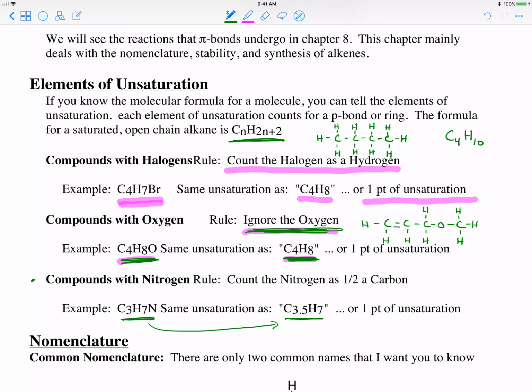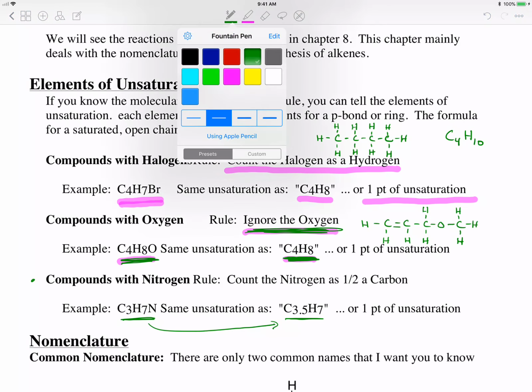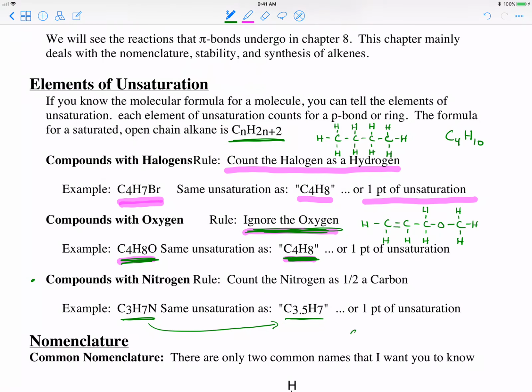Okay? So let's go ahead and give an example of that. So I'm going to put a nitrogen in there. And again, for the purposes of points of unsaturation, C3.5H7, 2 times 3.5 plus 2, that would be C3.5H9 if it was saturated, but it's missing 2 hydrogens, so 1 point of unsaturation.